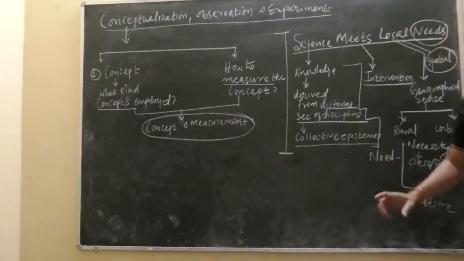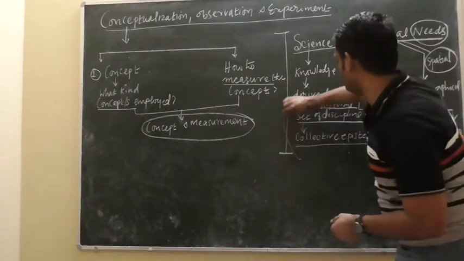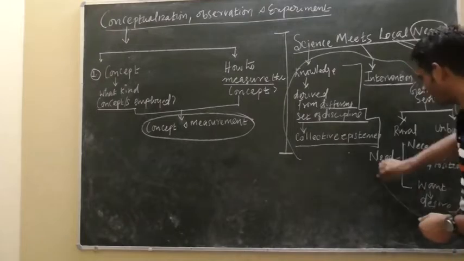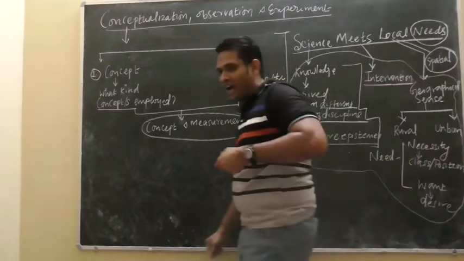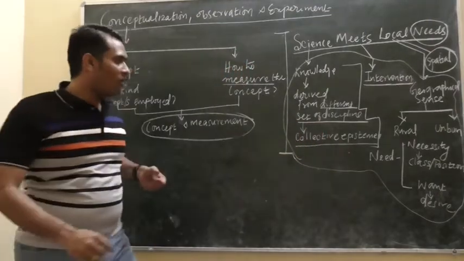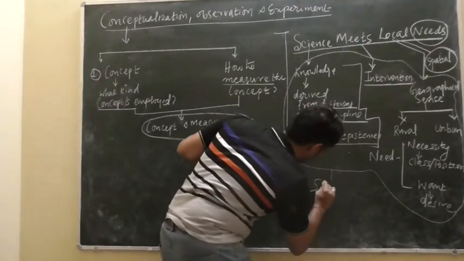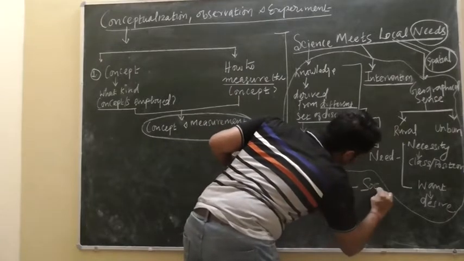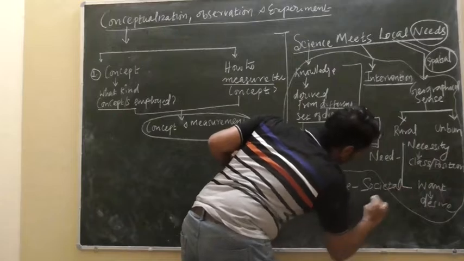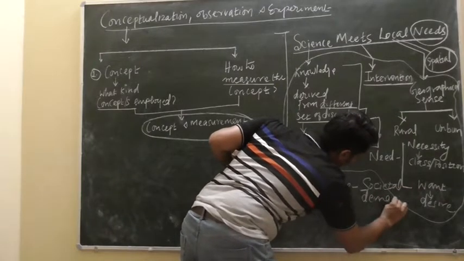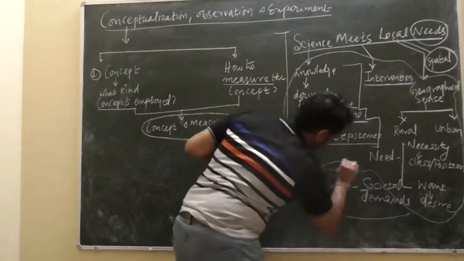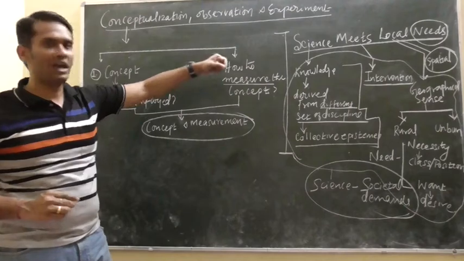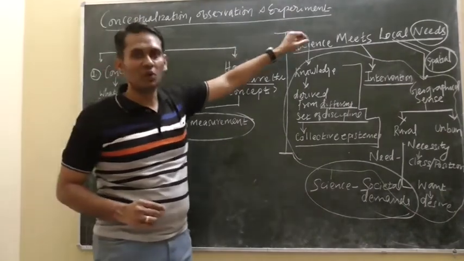So if you look at this, all these aspects are involved in understanding the phenomena of how science can meet the societal demands. There is a very logical reason behind the theorization on science meets the local needs.